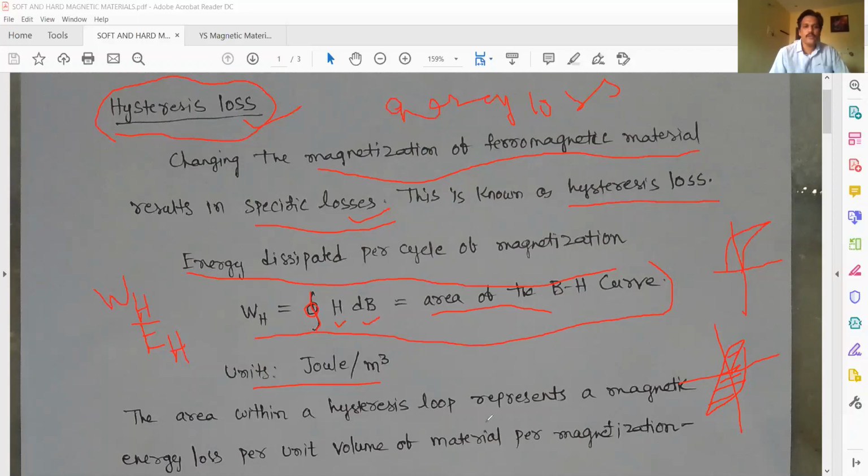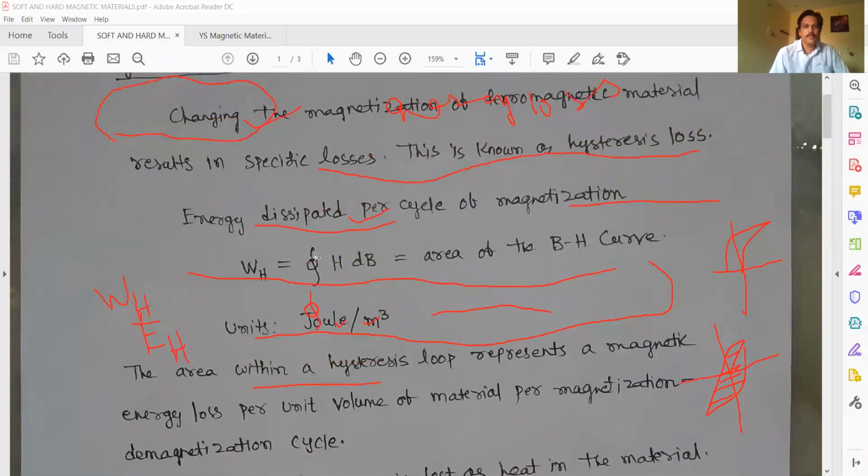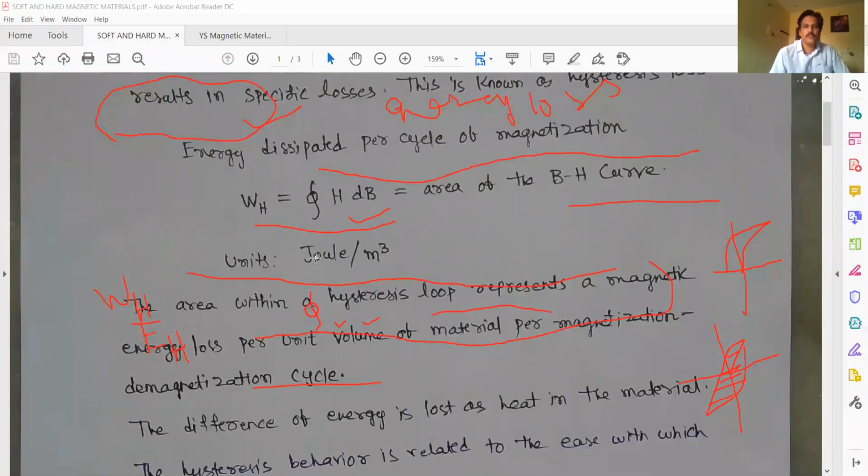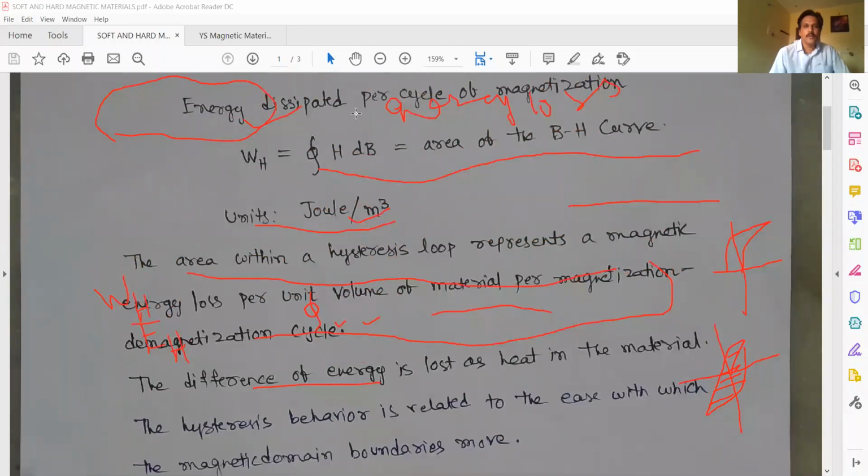The area within the hysteresis loop represents magnetic energy loss per unit volume of the material per magnetization and demagnetization cycle.